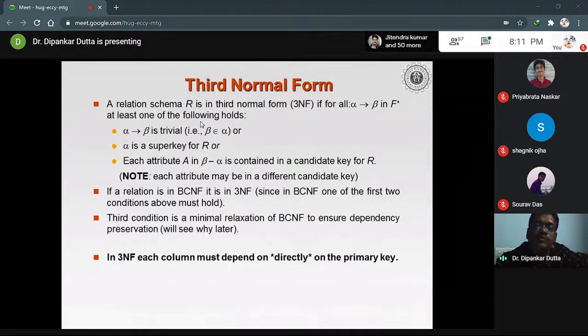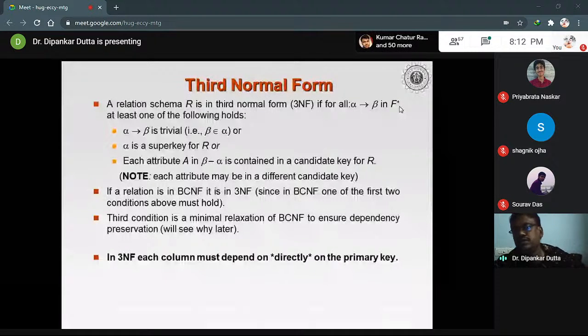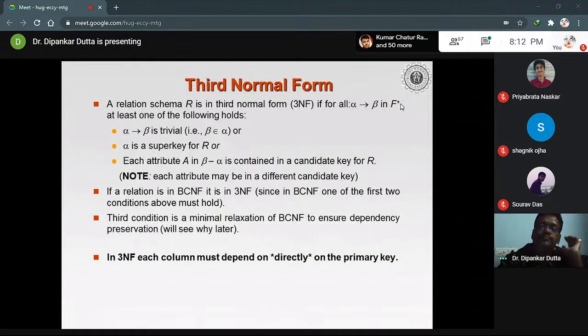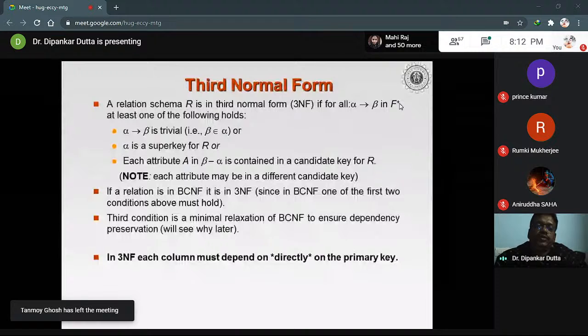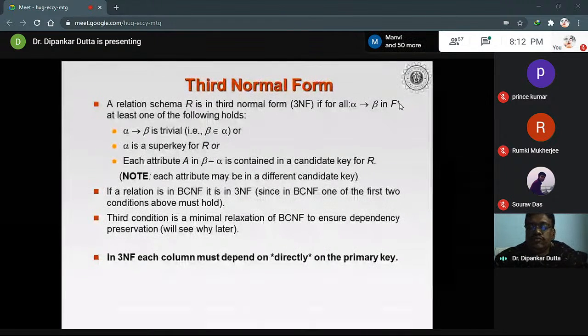In case of third normal form, the definition is written like this: F plus. Last class I discussed, F plus means closure. In closure, we put all possible functional dependencies of that table. In all possible functional dependencies, the following conditions must be true.